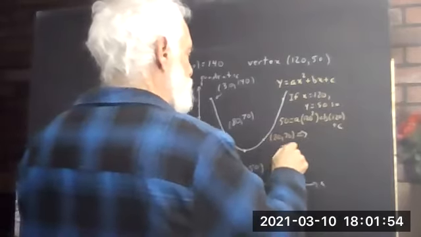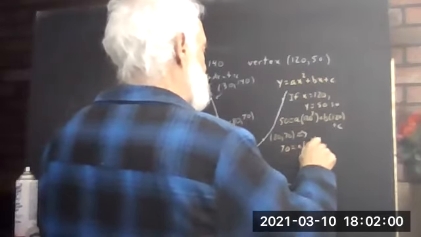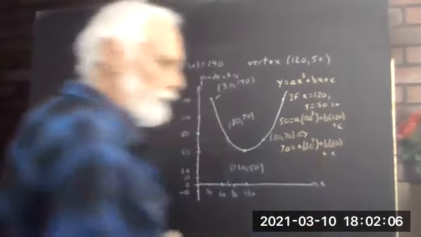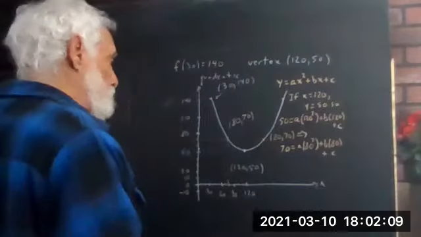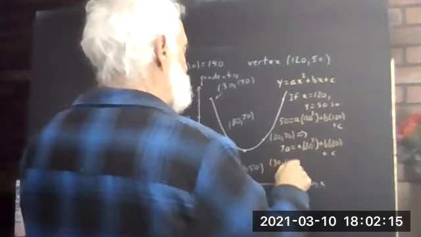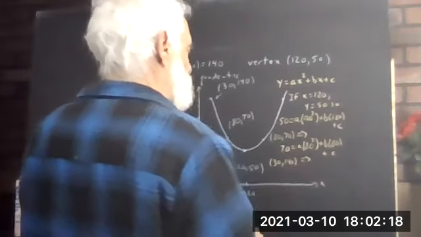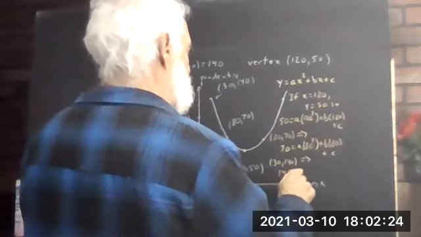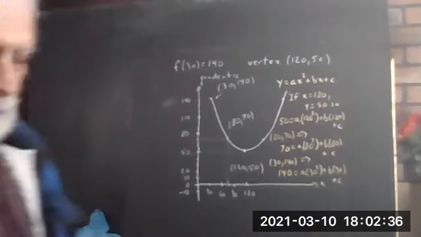So 70, which is y, has to equal A times 80 squared plus B times 80 plus C. And then 30, 140 implies that 140 equals A times 30 squared plus B times 30 plus C.